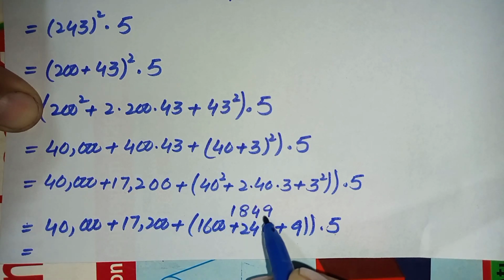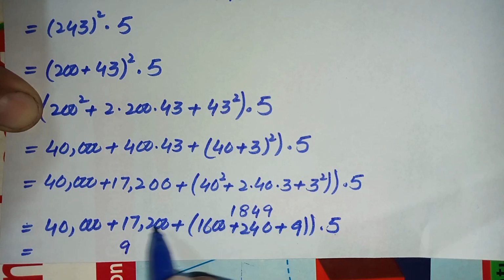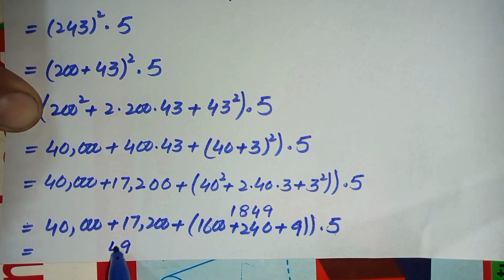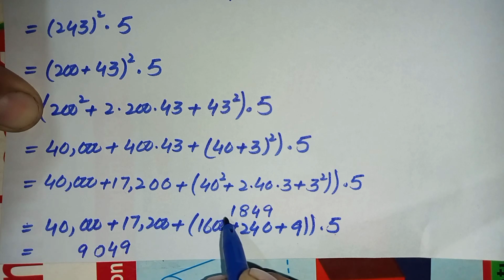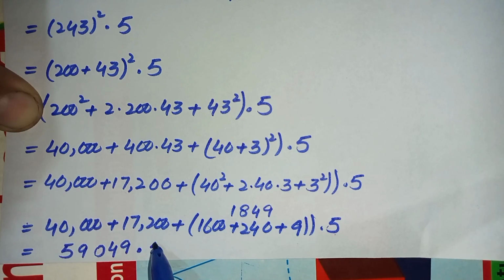Now let us add this number with these two numbers. So it will become 9 plus 0 is 9, 4 plus 0 is 4, 8 plus 2 is 10 and 10 plus 0 is 10. So 10, 0, 1 will be carried to the next number. 1 plus 1 is 2, 2 plus 7 is 9 and next is 1 plus 4, that is 5, times 5.